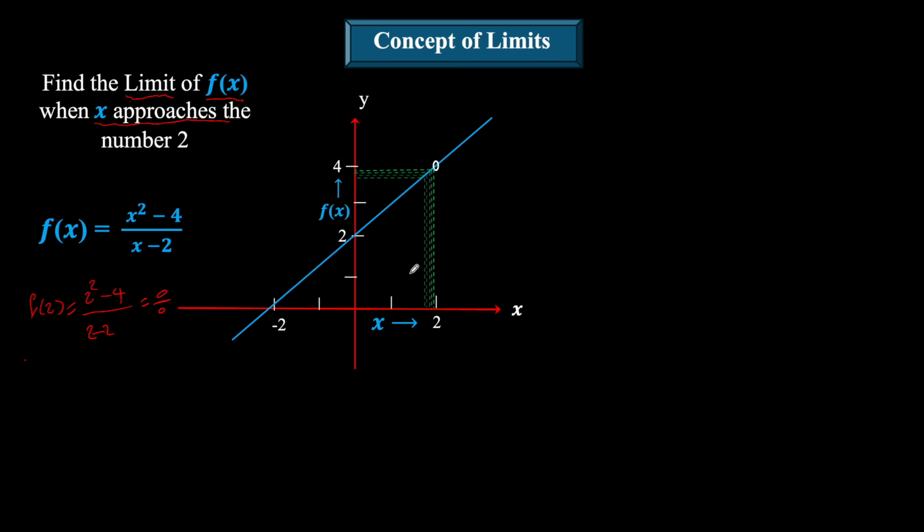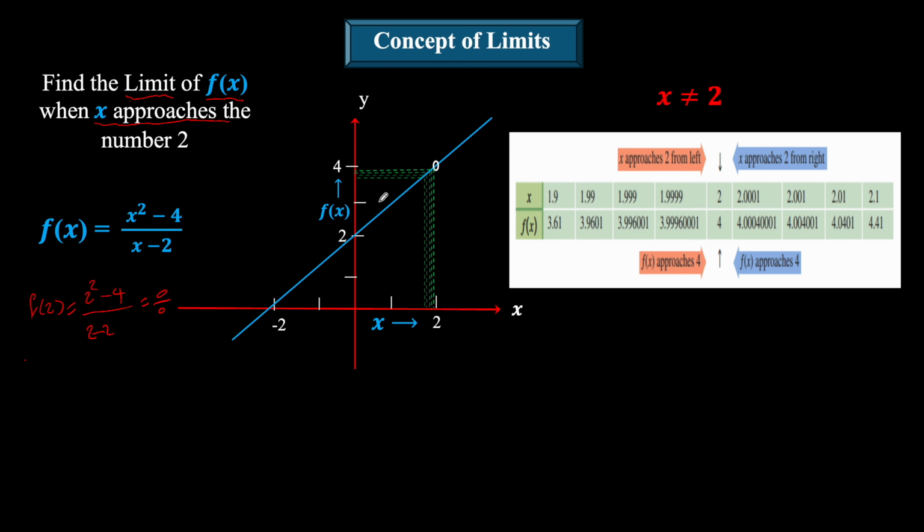So let's do it. When x is approaching the number 2 from the left, x is never equal to 2. Remember that. It is only approaching. We see that f of x is approaching the number 4 on the y-axis, okay?